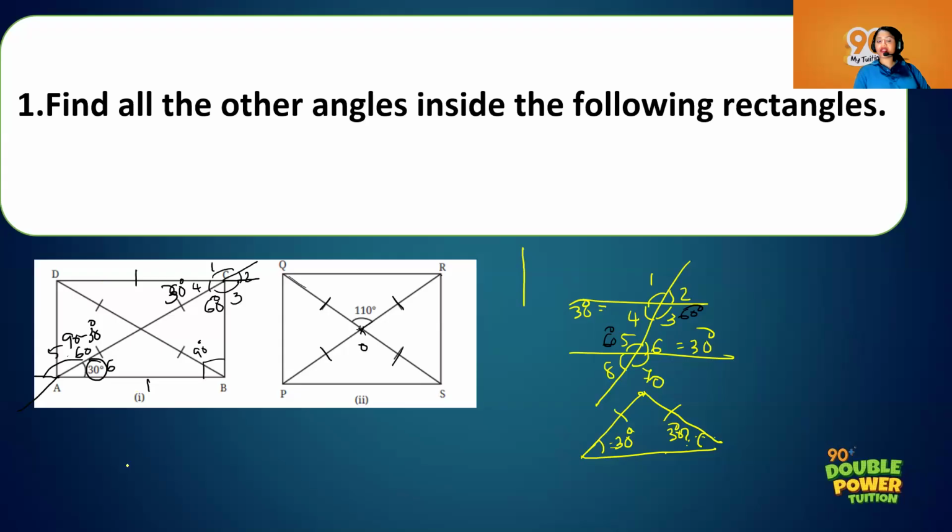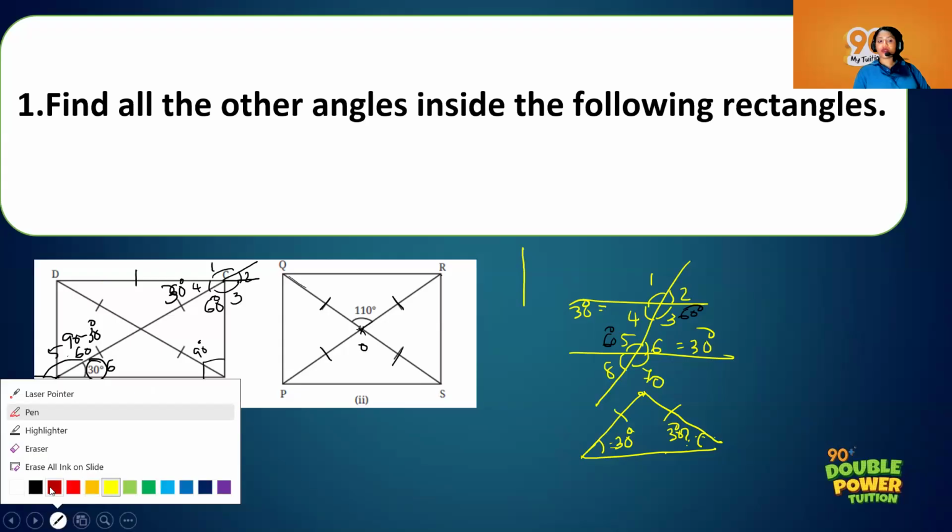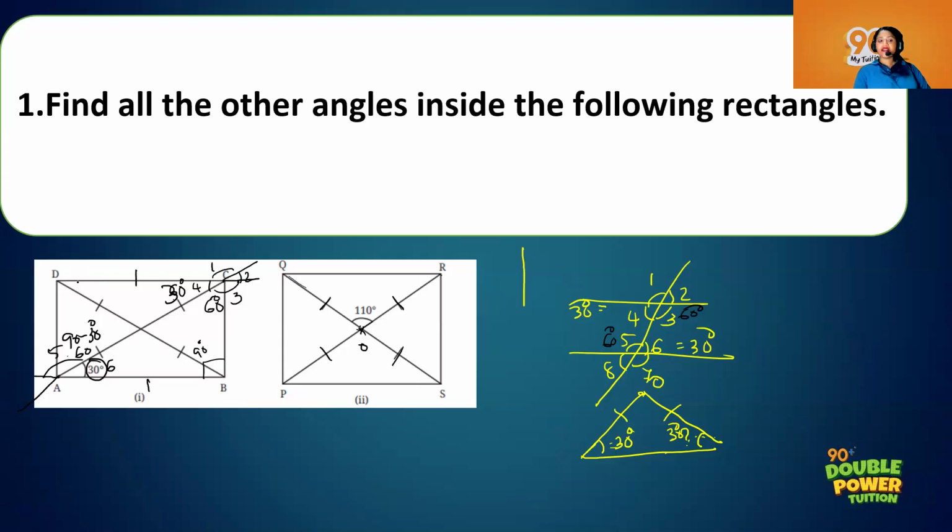So if you consider the triangle, let this triangle be DOC, then this is also 30. Then similarly, if it is a parallel line, this will be 30 degrees. Then this is 60 degrees. Then this also will be 60 degrees.